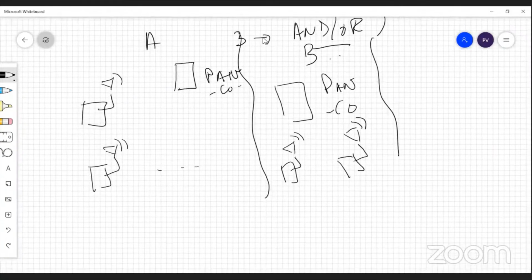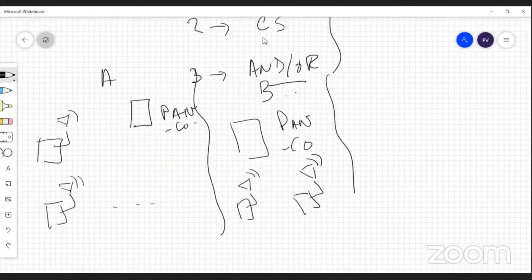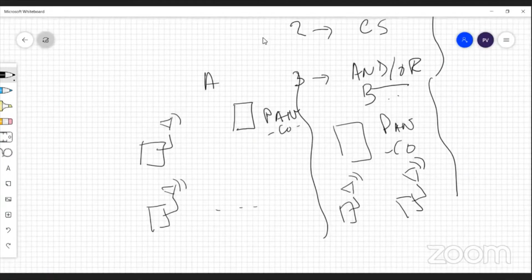The other way of doing it is because this is a bit chaotic, right? Each node has to contend for the medium, has to do CCA mode 1, 2 or 3, any one of them, declare that the medium is free, ask for resources, and then do a transmission.